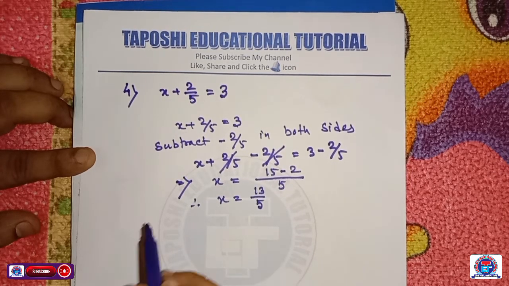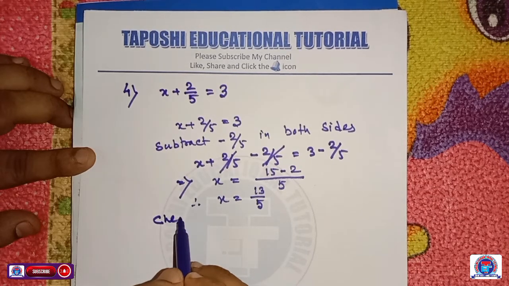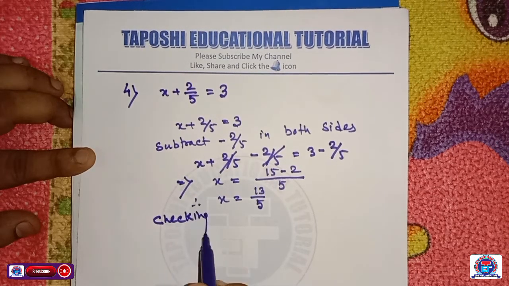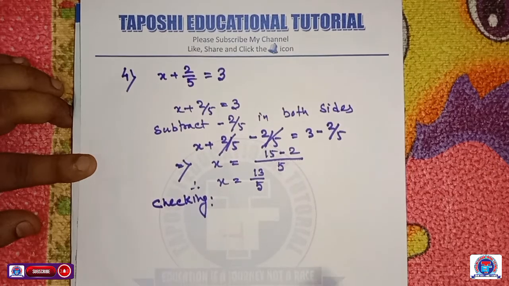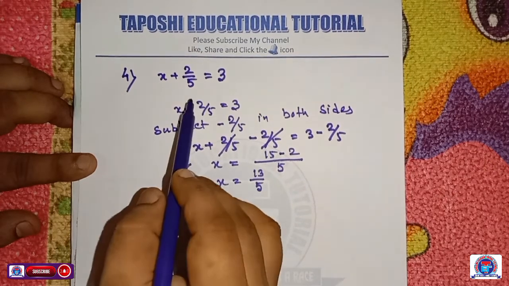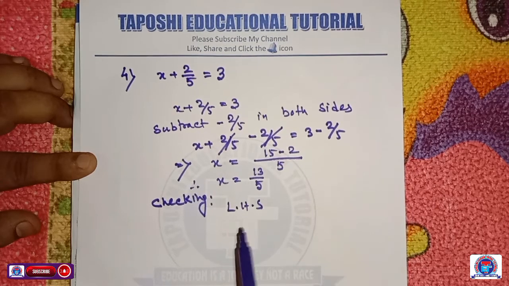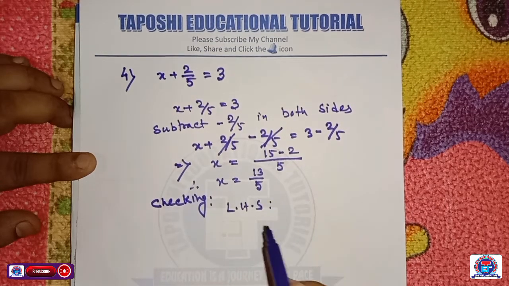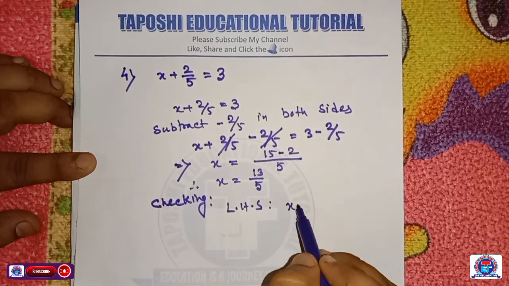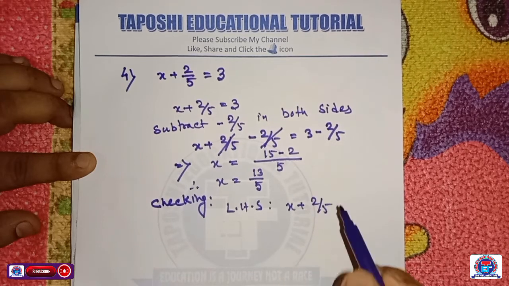Correct? Now check the result. Checking. So here we put the value of x in left hand side. That is here x plus 2 by 5.